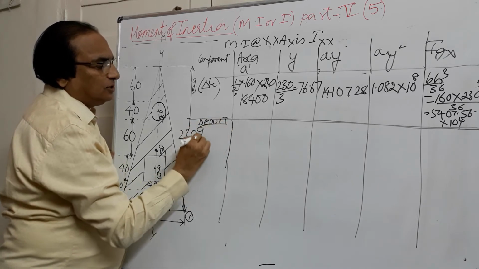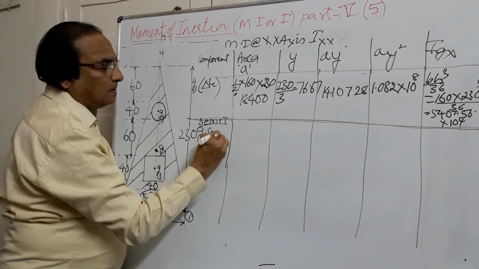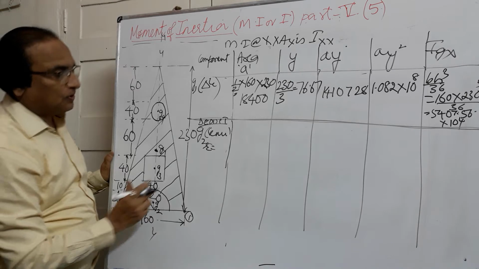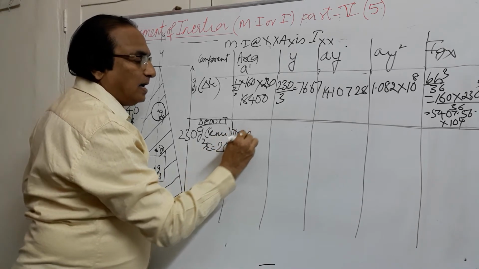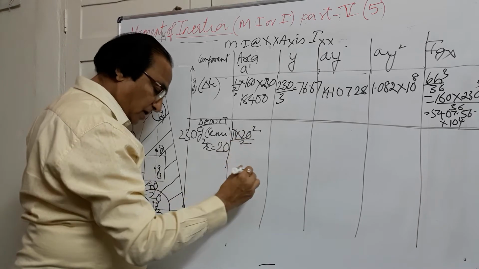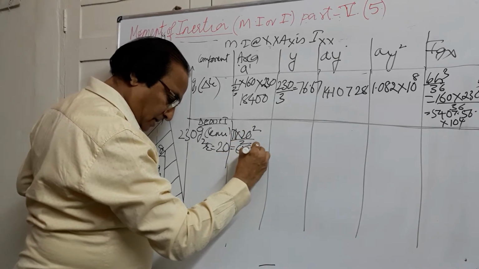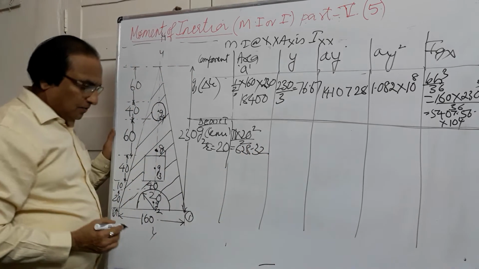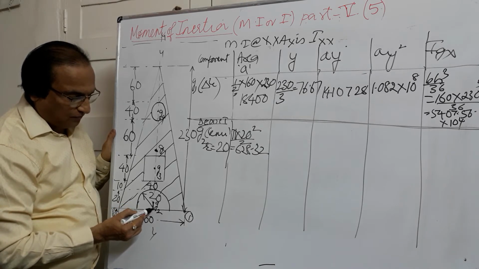We are deducting G2. What is G2? G2 is a semicircle whose radius is 20. R is 20. So the area of a semicircle is pi r square divided by 2. If you simplify this, you get 628.32. We know the distance of the centroid of a semicircle from the diameter is 0.424r.